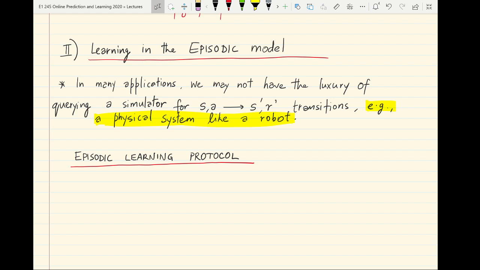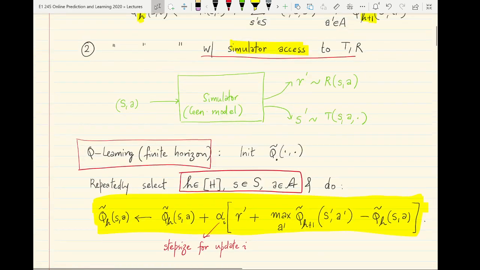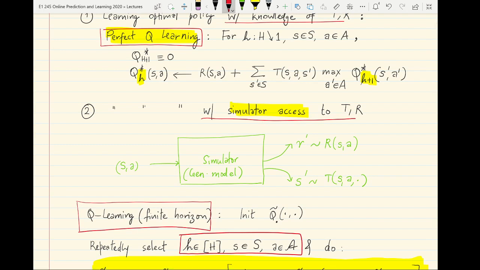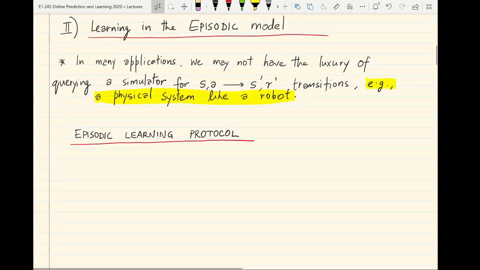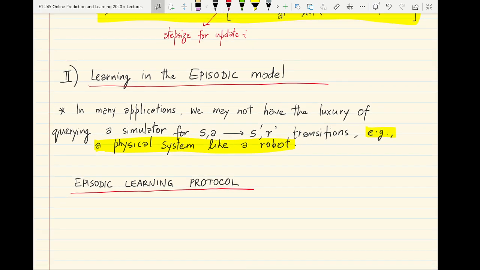So, the motivation for an episodic model of learning, as opposed to a generative model of learning or a simulator access kind of model of learning, where one can query arbitrary state action pairs to the simulator at any time, is that in many applications we may not really have the luxury of having simulator access to learn what happens when you take an action A at a state S. So, imagine a physical system like a robot or a robotic arm, or even a car, let us say an autonomous car, a self-driving car that you are learning to control.